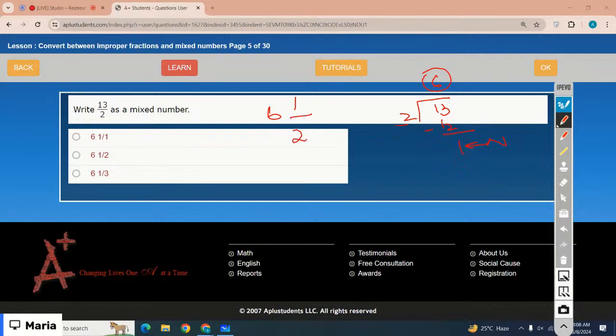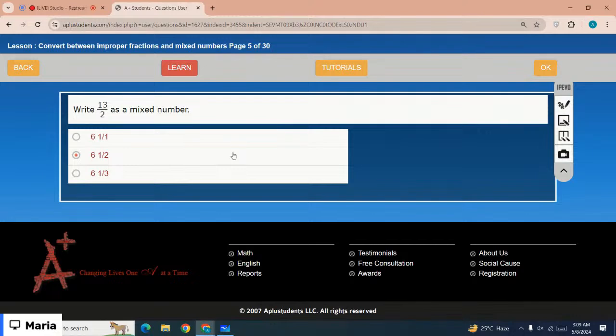That is 6 whole 1 over 2. The correct option is 6 whole 1 over 2, right? Option number 2 is the correct option.